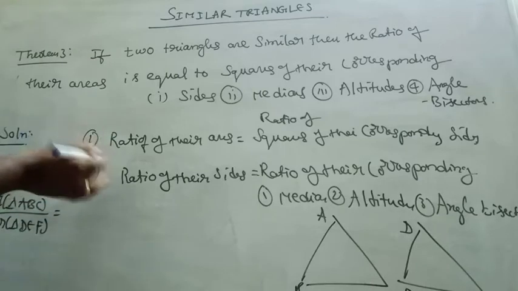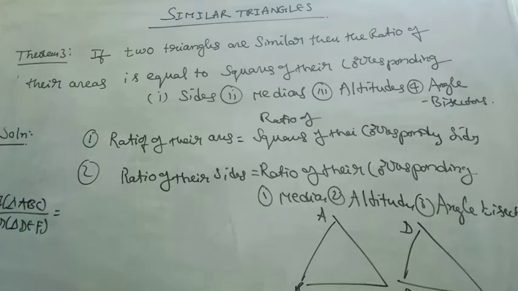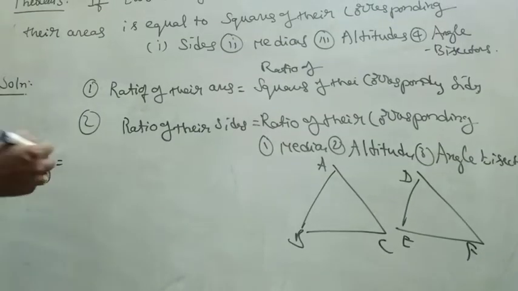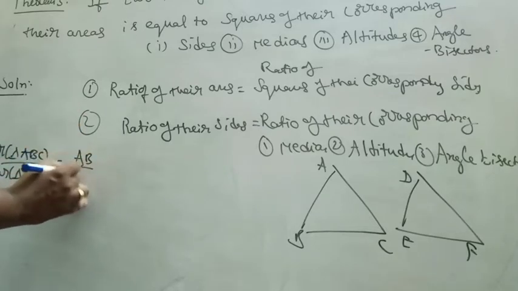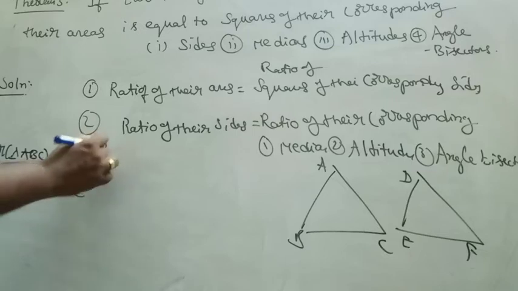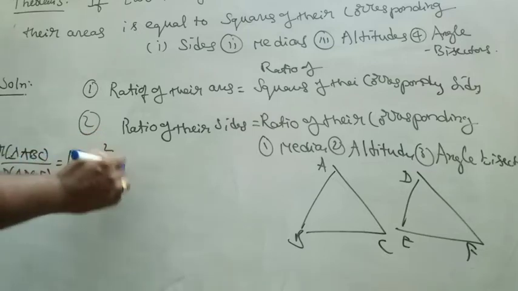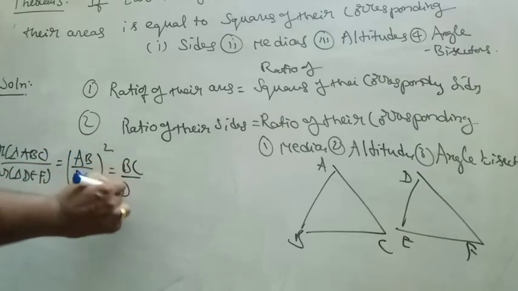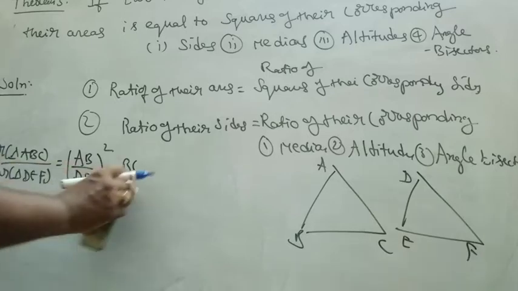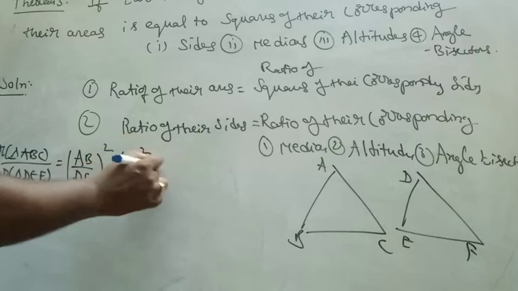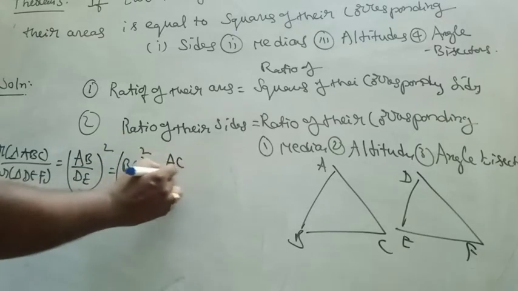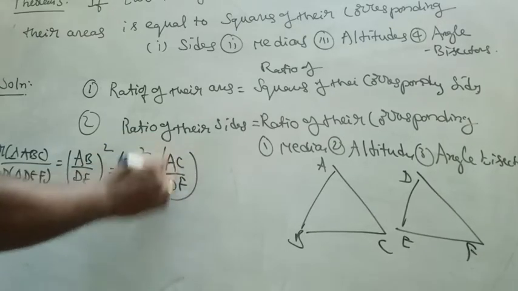By combining these two results, first of all, the ratio of their areas is equal to the squares of their corresponding sides. That means AB by DE whole square is equal to BC by EF whole square, that is equal to AC by DF whole square.